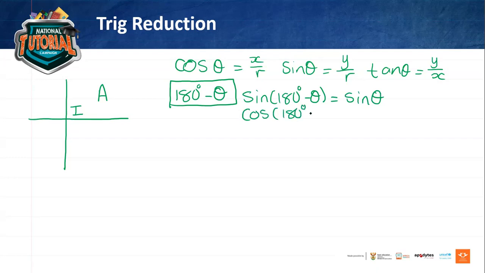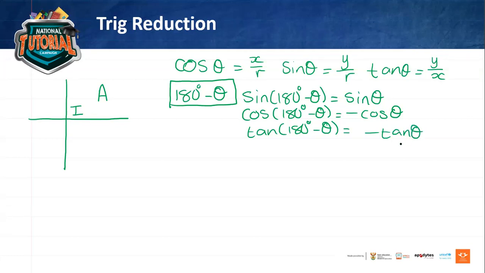Cos of 180 degrees minus theta was negative cos of theta, and tan of 180 degrees minus theta was negative tan of theta. So what we can see in quadrant 2 is the only one that is positive is sine of theta. So in our CAST diagram, I'm going to put an S to remind me that sine is the only one that's positive in this quadrant.